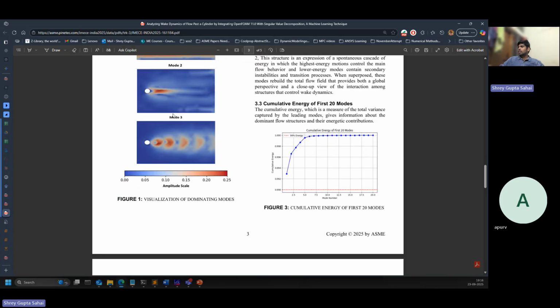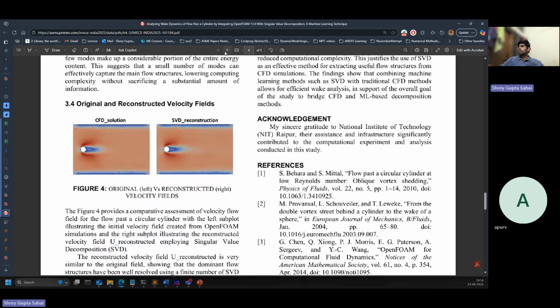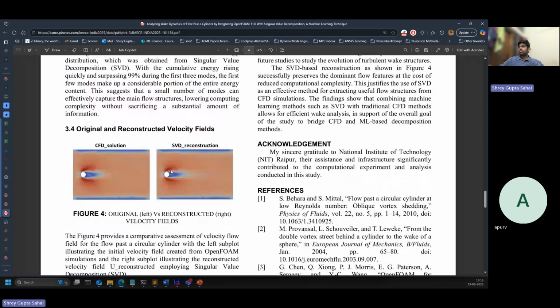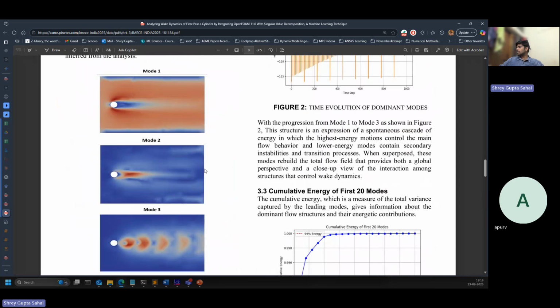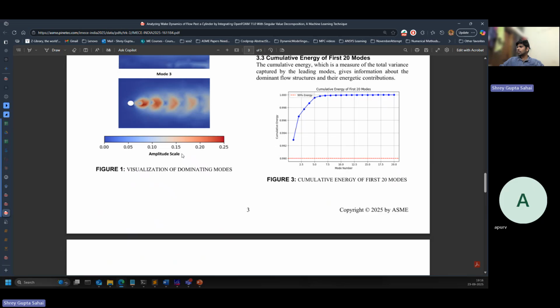When he combines the CFD solution with the reduced order data, you can't actually figure out a lot of difference from it because the important modes have been considered here. So let's see what number of modes he has considered when he plotted this data.